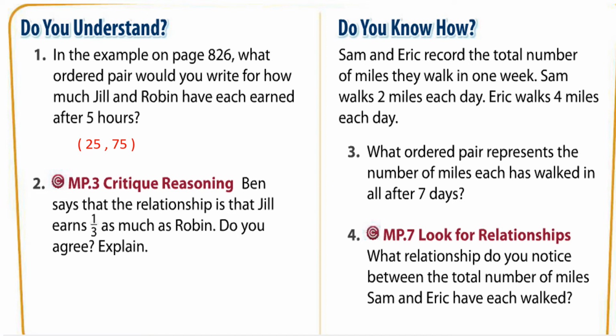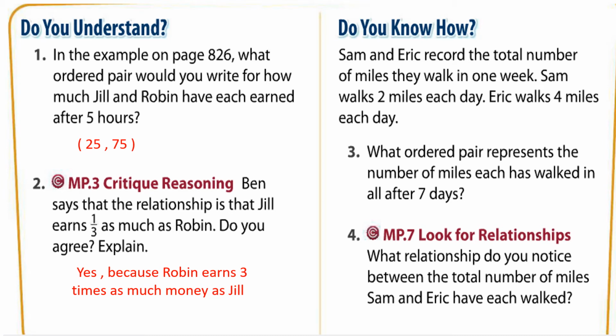So I want you to know that 2 times its opposite will be half, and 3 times its opposite will be 1/3, which is in that question. So if Ben says that Jill earns 1/3 as much as Robin, do you agree? Of course, I agree, because he said before that Robin earns 3 times as much money as Jill. And as I said to you before, 3 times its opposite will be 1/3. So, okay, there is no problem with that.